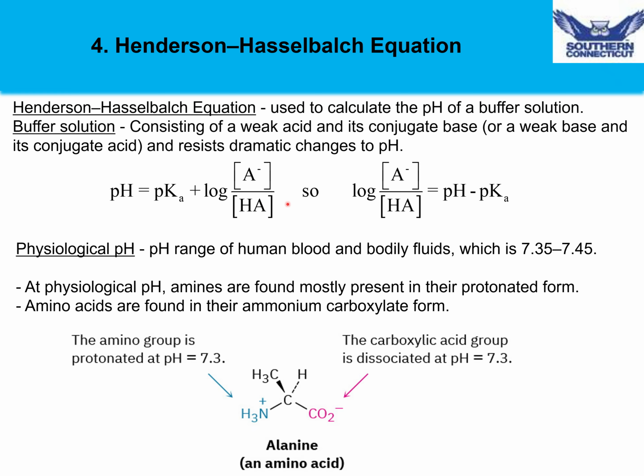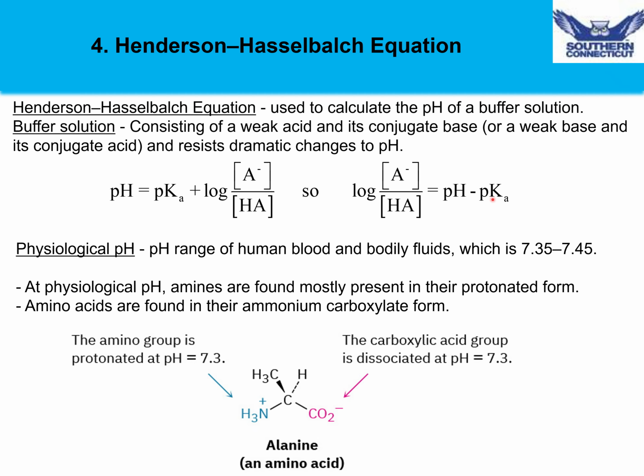If we rearrange this equation, we can also get a ratio between the concentration of the base in the buffer solution over the concentration of the acid in that same buffer solution. The equation can be rearranged to be log of the concentration of the base over the concentration of the acid is equal to the pH minus the pKa of the acid in the buffer solution.